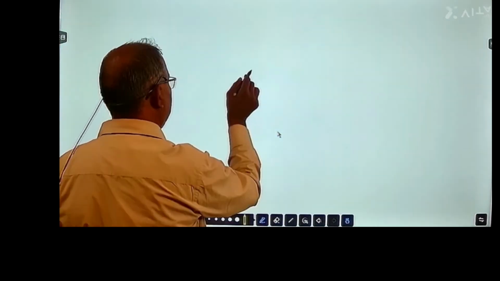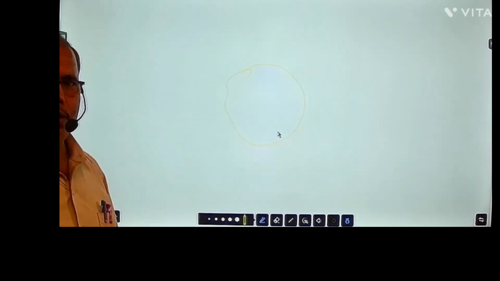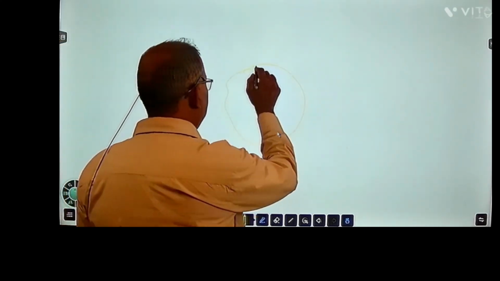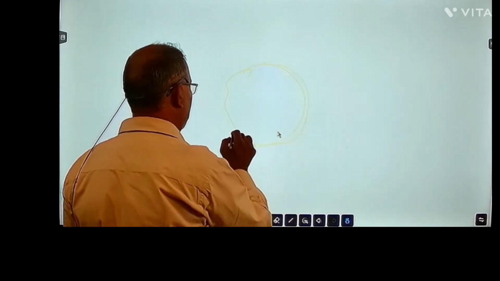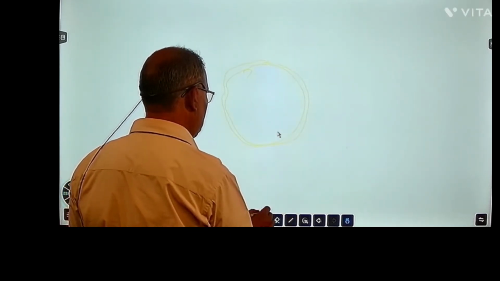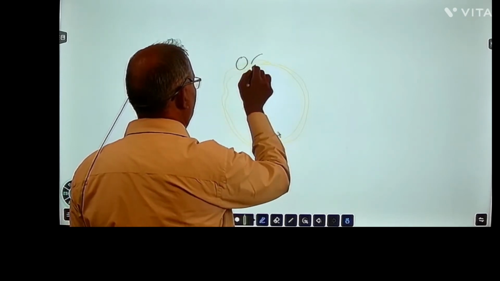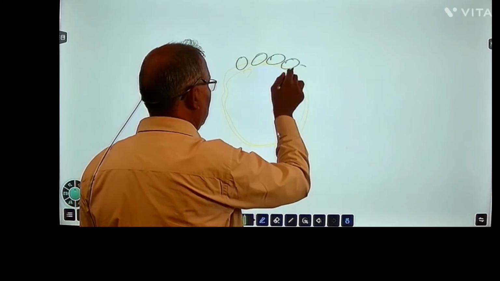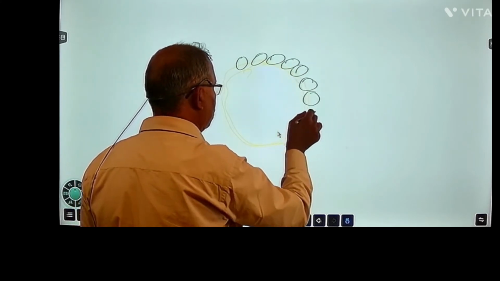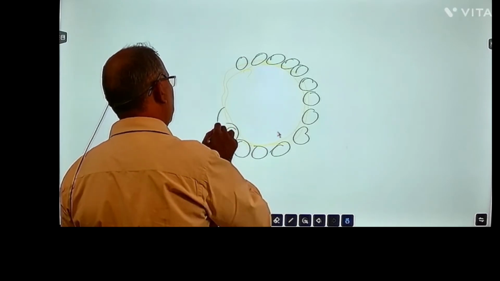Let's say this is your adsorbent and surface of adsorbent is available for adsorption. Adsorbate molecules are adsorbed here with the help of chemical bond, that is covalent or ionic bond.